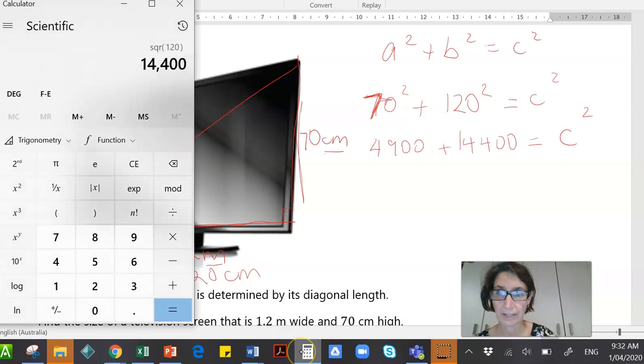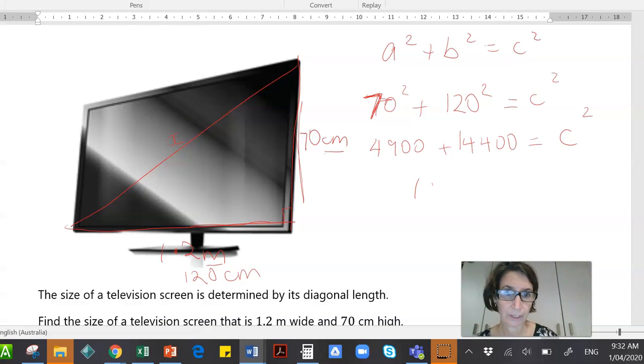All right, so now we're going to add those two together. There's that number 14,400. We're going to add to it 4,900, 19,300 equals c squared. Now we're up to solving the equation, and we remember when we're solving an equation we do the same thing to both sides.